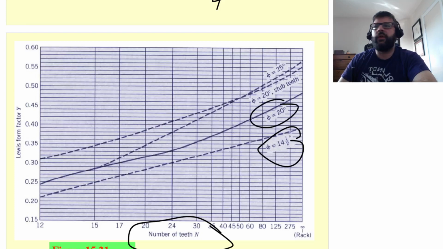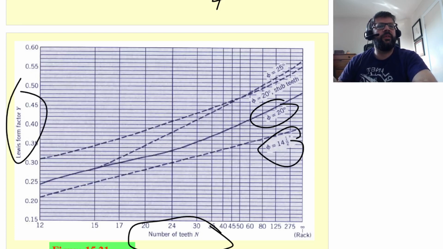If we're looking for a 20-degree, then we are working with this line here. If we're using stub teeth instead, then we're working on one of those dotted lines there.